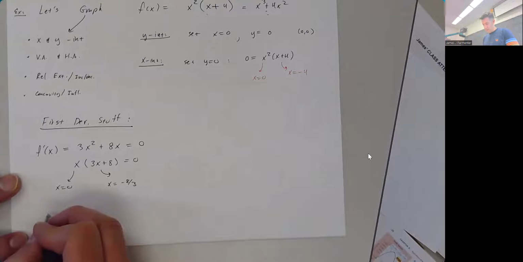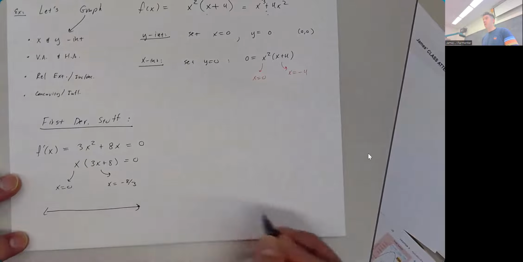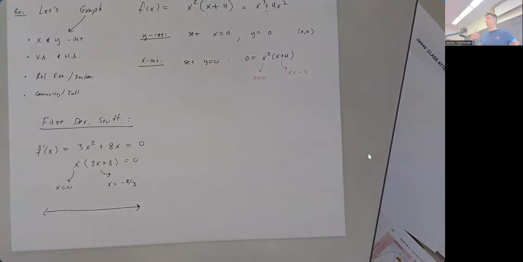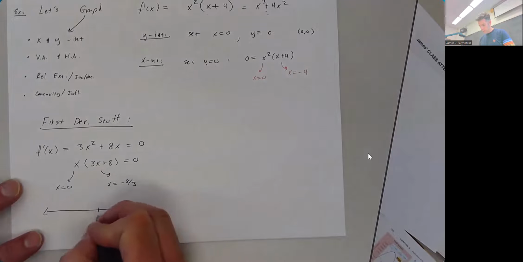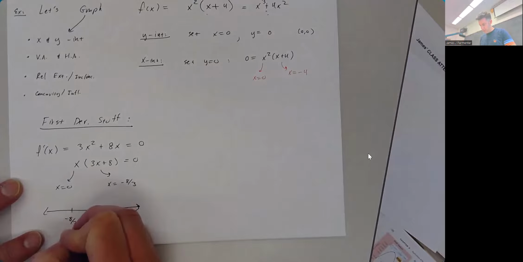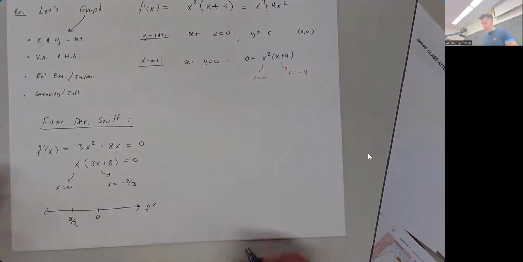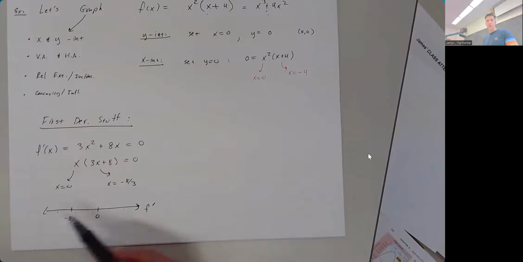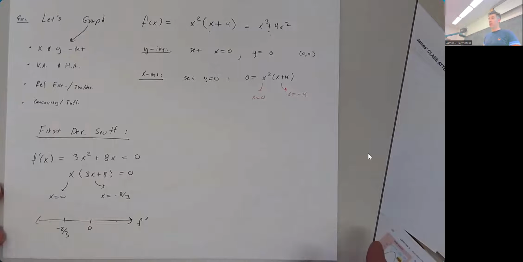We put those on the number line. Those and only those. So if 0 isn't a critical point, you should not put it on your number line. So I'm going to put 0 and -8/3 and my derivative over here. And then we just want to test in each of the intervals whether the derivative is positive or negative.